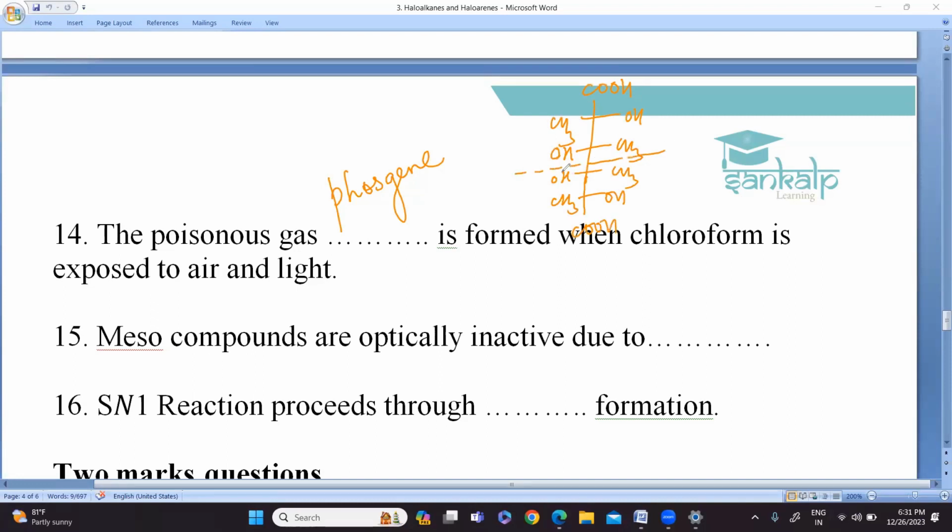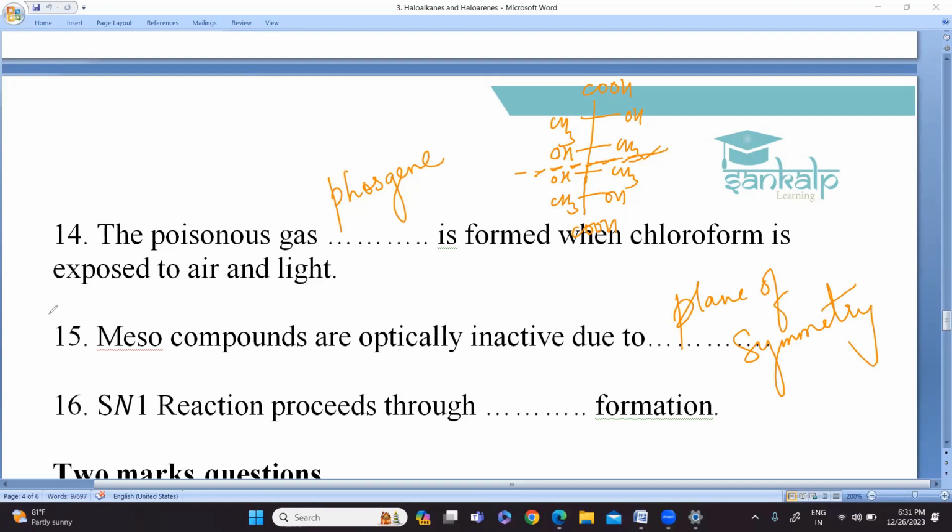When you introduce a plane of symmetry, one half of the molecule is equal to the other half. These are called meso compounds. So why are they inactive? It is due to the plane of symmetry. Because of the presence of a plane of symmetry, meso compounds are optically inactive.